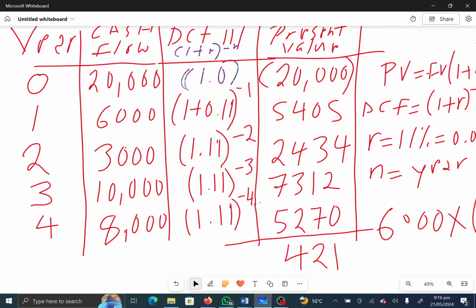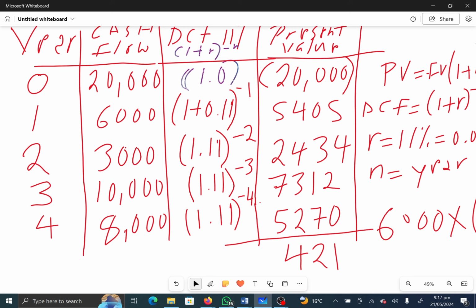The reason why this is negative is that this is a capital project. You invest 20,000. When you are investing, you are removing 20,000 from your pocket. So that is cash outflow.